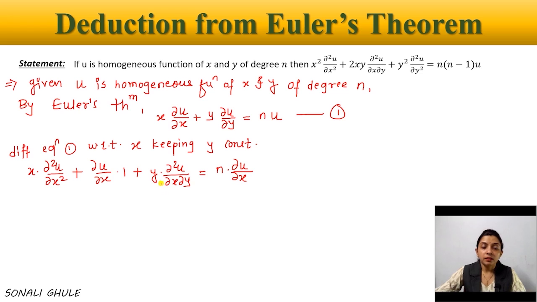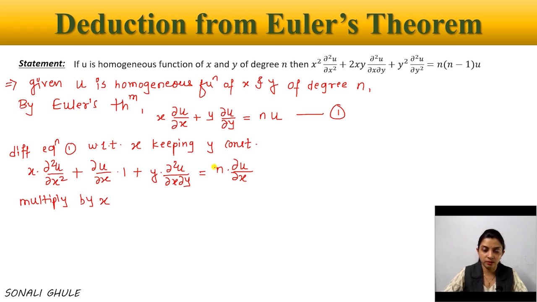Now here I got this term, but you can see on the left hand side this double derivative of u with respect to x is multiplied by x square. Already there is 1 x. So again I have to multiply the term by x here, right? So multiply this equation by x.